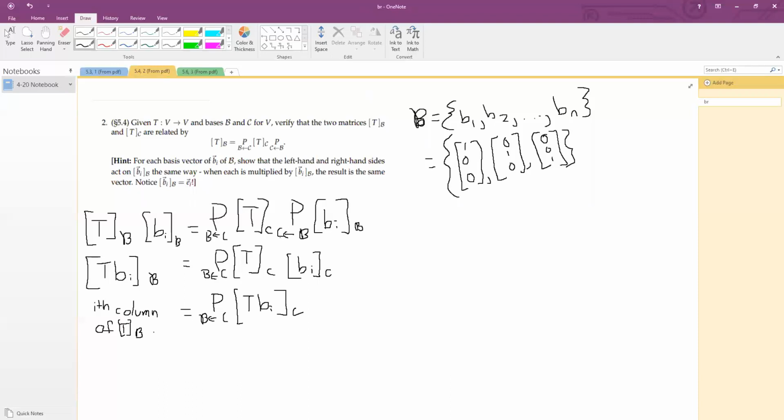We have T in C, so it's a totally different matrix, and we also have BI in C, so it's not necessarily going to be ones and zeros. It could be any kind of vector of length n. We just really don't know. But what we do know is that it is T times BI in C, and over here it is T of BI in B. So the only difference between them is the fact that they're expressed in a different base.